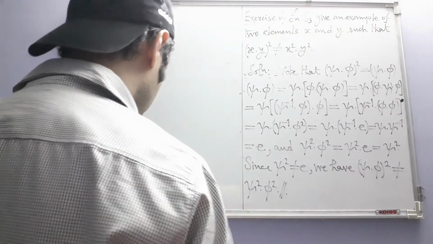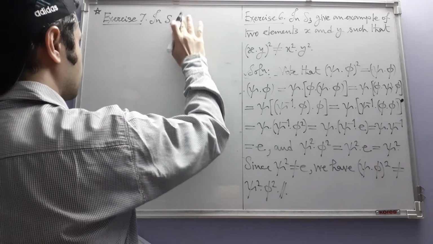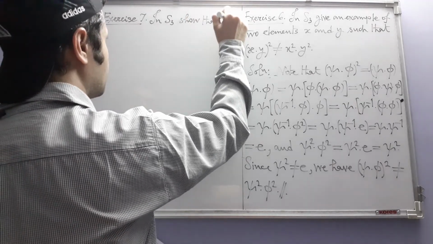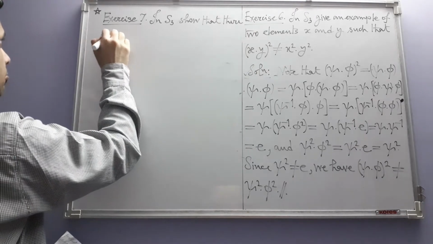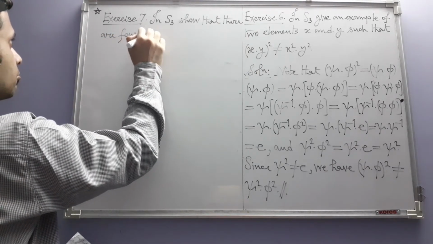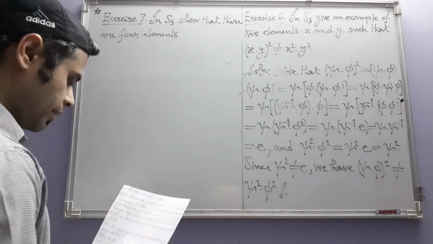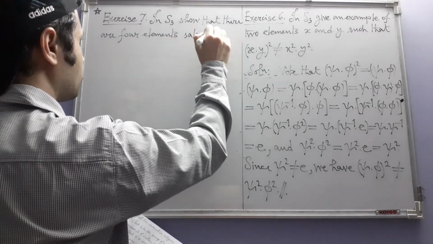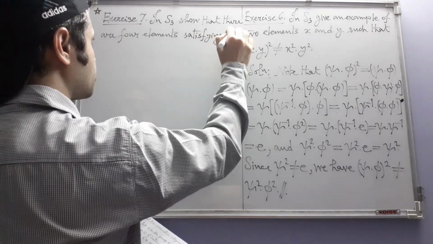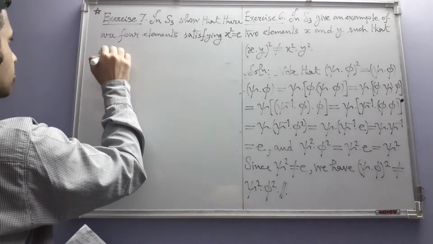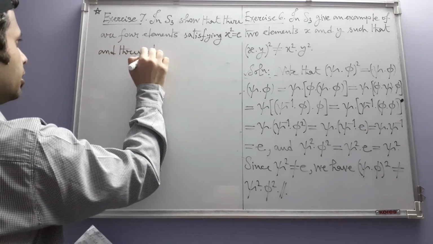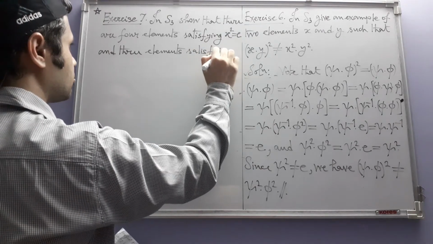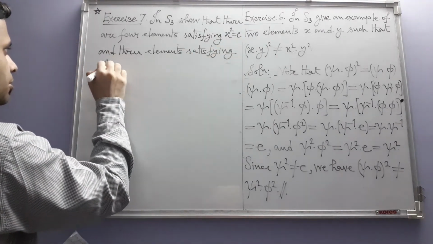In S3, show that there are 4 elements satisfying x square is equal to identity and 3 elements satisfying y cube equal to identity.